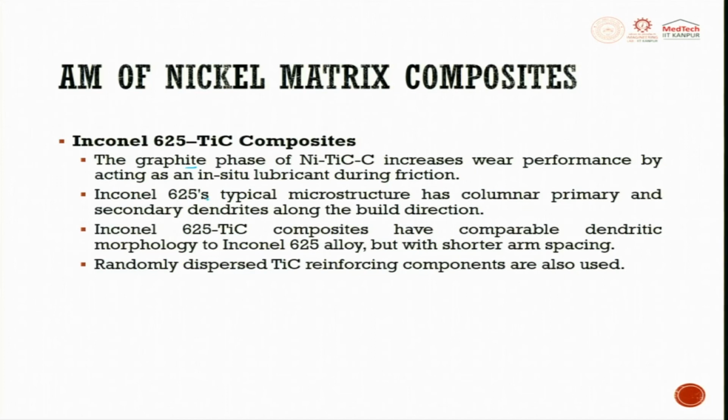Inconel 625's typical microstructure has columnar primary and secondary dendrites along the build direction. Inconel 625 TiC composites have comparable dendritic morphology to Inconel 625 alloys, but with shorter arm spacing. Random distribution of TiC reinforcing components is also used today.